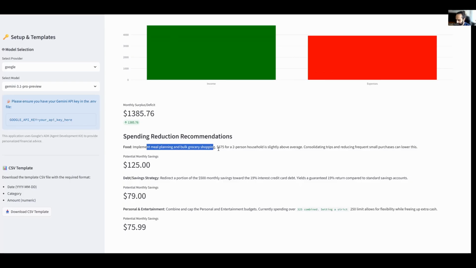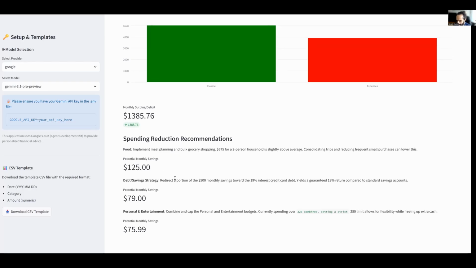It says that 675 for a two-person household is slightly above average, because I've put that we have one dependent, so it's calculating for two persons, and based on the average that the model knows, it's slightly higher than the average, and this results in 125 of savings.